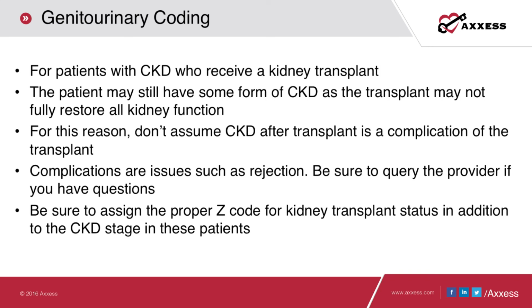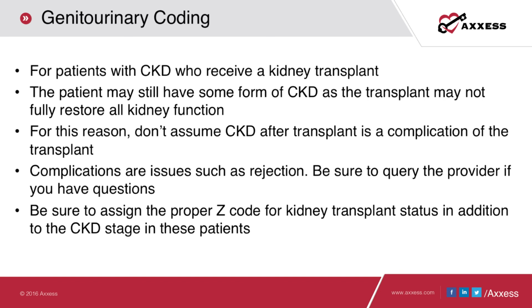Now, speaking of kidney transplants, if you have a patient who has chronic kidney disease and they received a kidney transplant, know that that patient might still have some form of chronic kidney disease, as that transplant may not fully restore all kidney function. For that reason, don't assume chronic kidney disease after a transplant is a complication of the transplant.